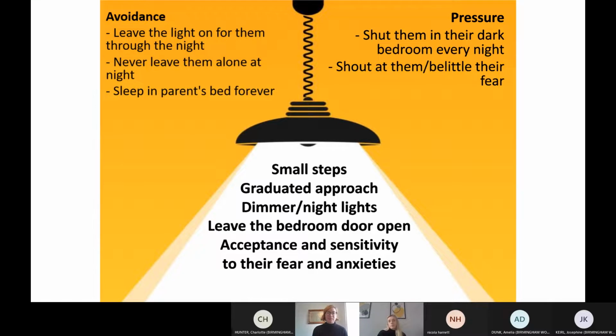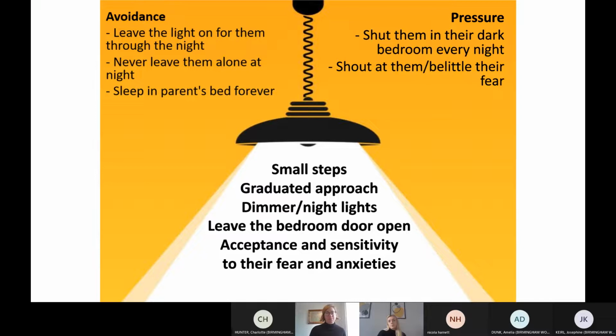So it's finding that midpoint. So think about small steps that you can take and a graduated approach. So you could have dimmer or night lights, you could leave their bedroom door open, have the corridor light on. You could talk to them in a sensitive way and show that you accept their fears and anxieties and that you understand them and you're going to help them in a gentle but encouraging way to work through their fears.